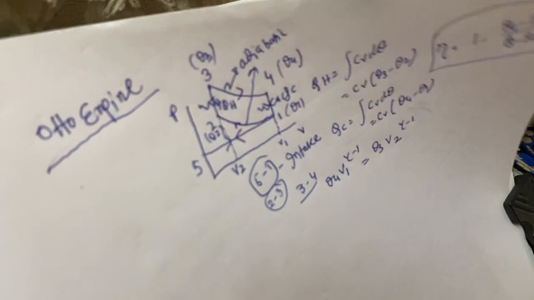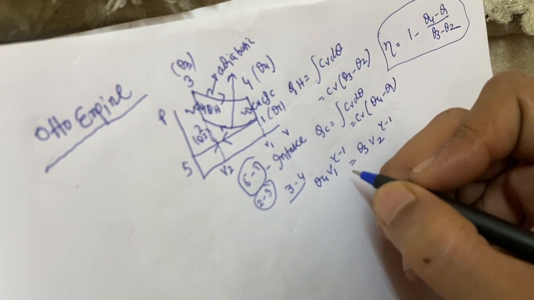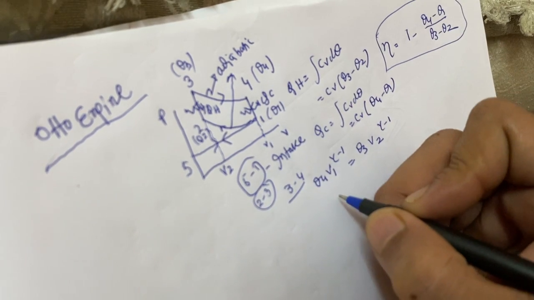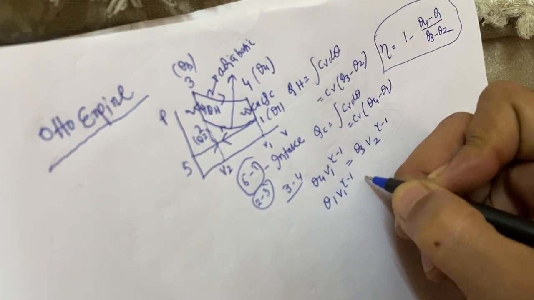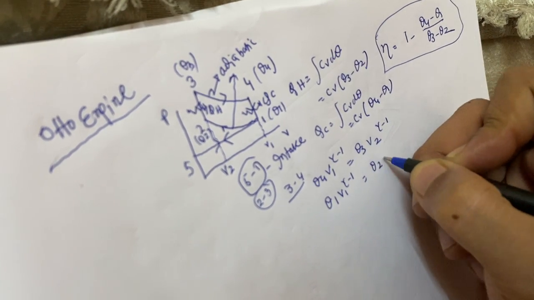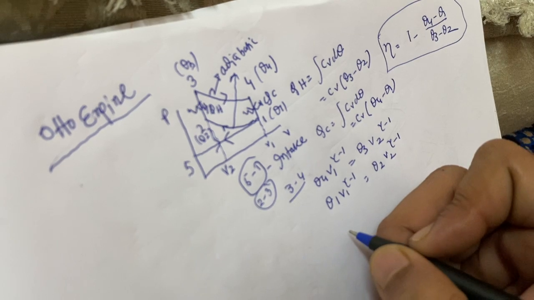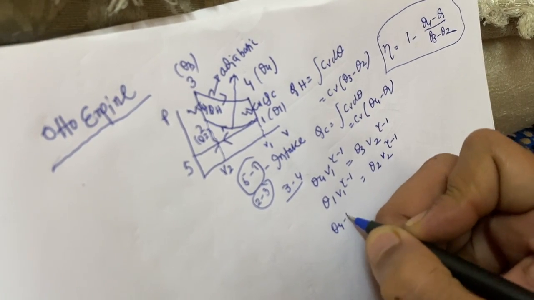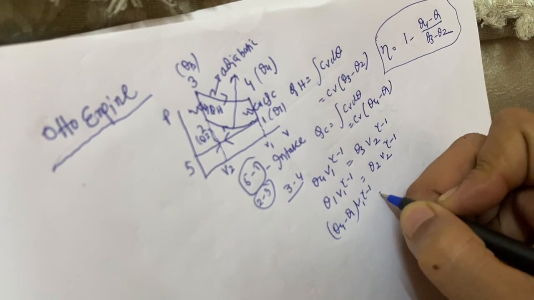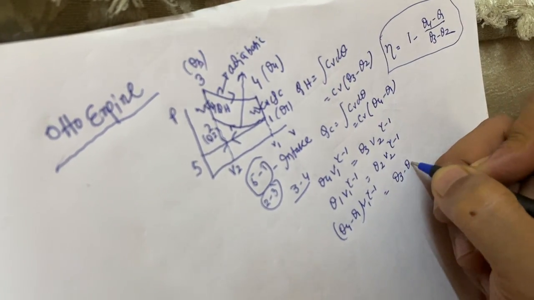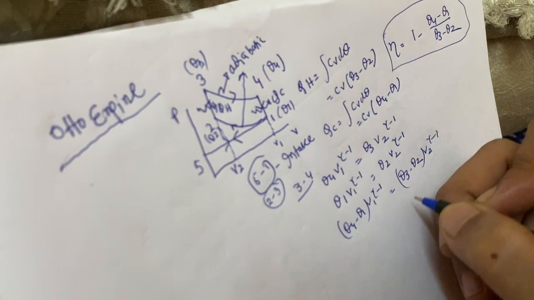And for the 1 to 2 process, we can write theta 1 V1 to the power gamma minus 1 equal to theta 2 V2 to the power gamma minus 1. So, theta 4 minus theta 1 times V1 to the power gamma minus 1 is equal to theta 3 minus theta 2 times V2 to the power gamma minus 1.